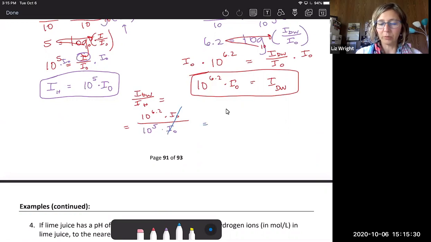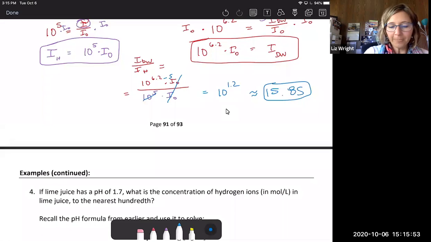Now use your rules of exponents here, and we're going to have 10 to the 1.2, right? Because we're just subtracting off, 6.2 minus 5. And so that should be 10 to the 1.2. And then go ahead and tell me what that's going to be, and that should be 15.85. So what that means, we're going to write a statement now. Therefore, this little symbol, by the way, means therefore.